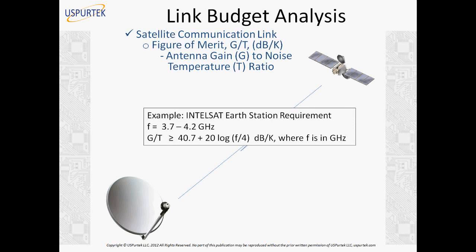So again, for example, the Intelsat earth station requirement for frequencies of 3.7 to 4.2 gigahertz is that your figure of merit must be more than this expression: 40.7 plus 20 log f by 4 dB per Kelvin, where f is in gigahertz. Now this is a requirement arrived at through some modeling, right? These are published online. So you have to use this requirement when you're designing a link for satellite.